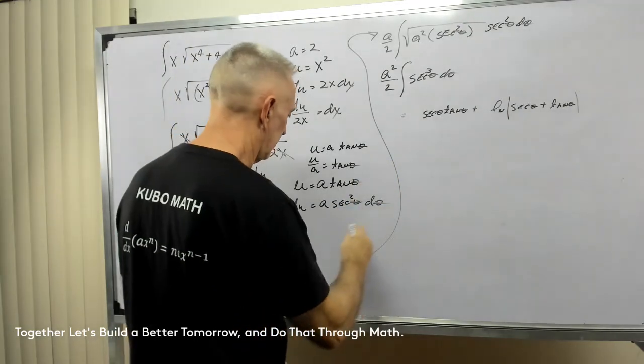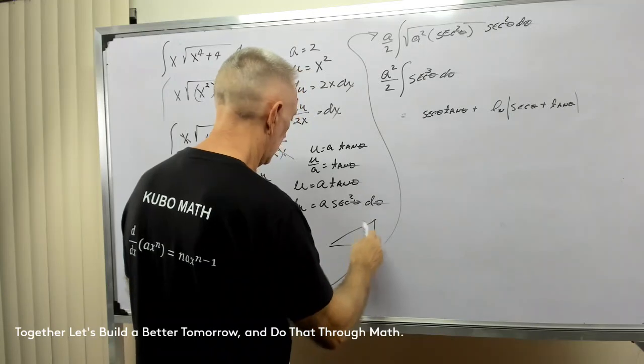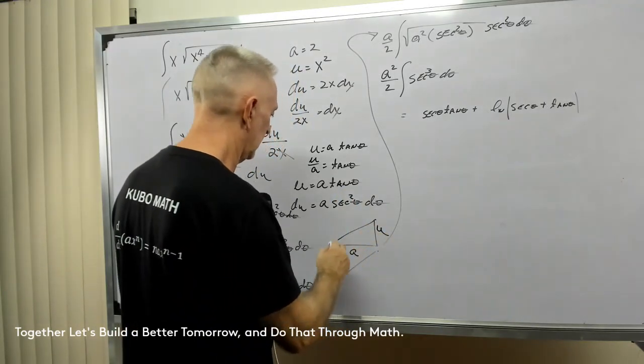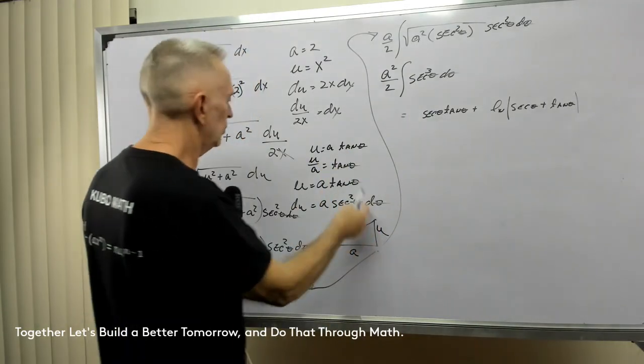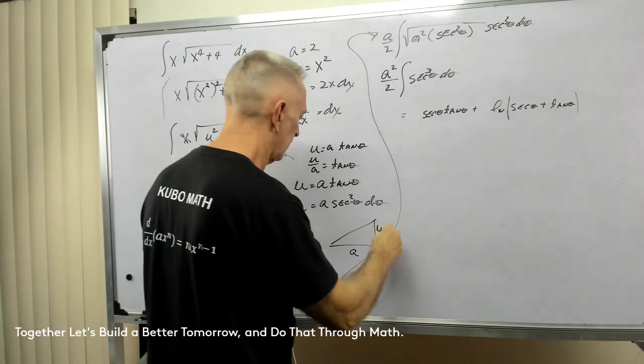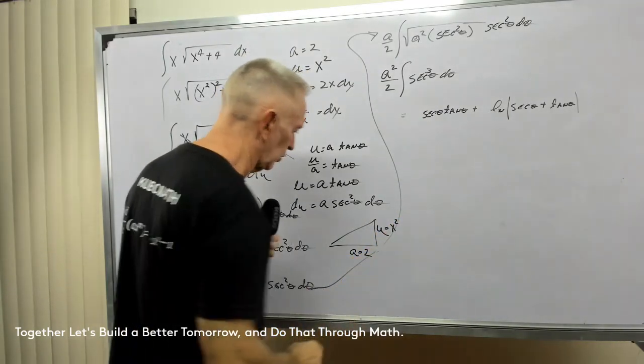So if I have a triangle and I have tangent is u over a, well, what was u? If I go all the way back up to the x world, u was x squared. So I have x squared over a, and a was 2.